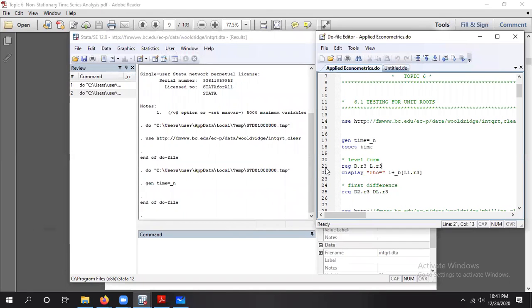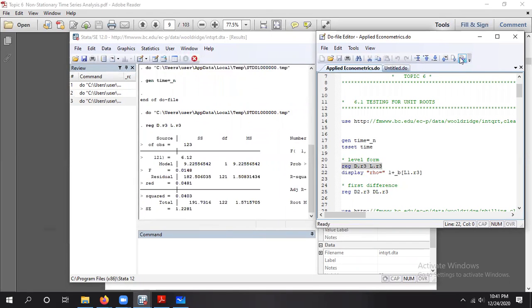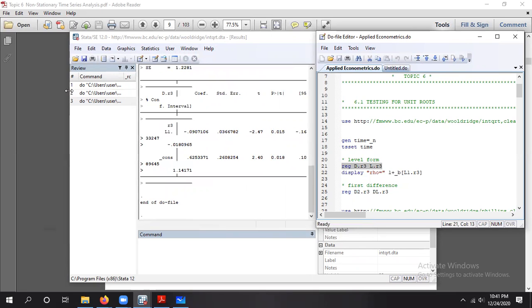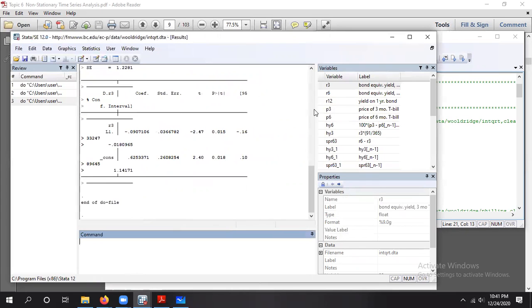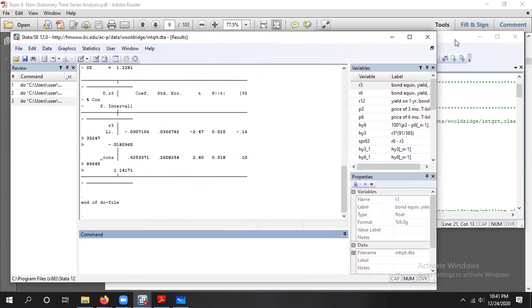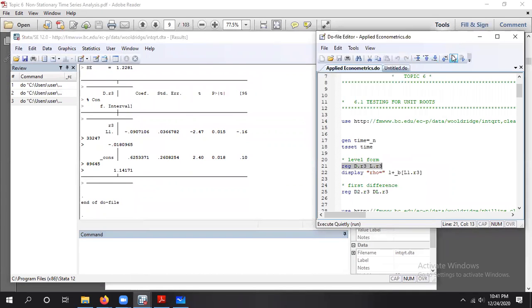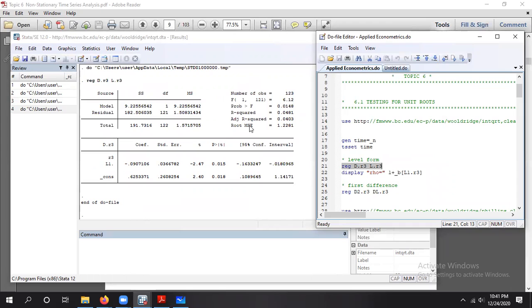Okay, I regress again. This is the result.